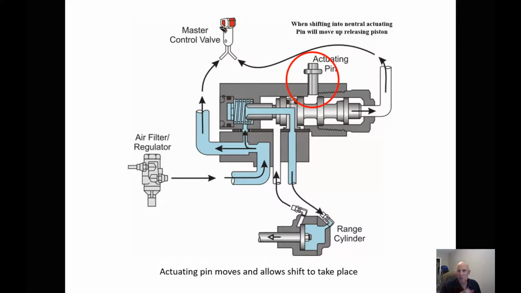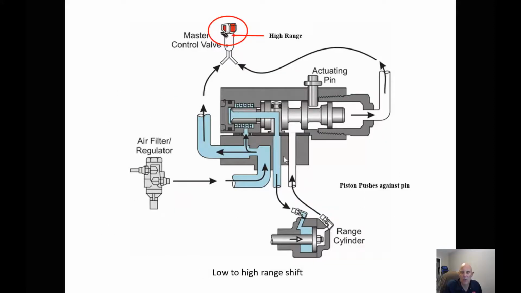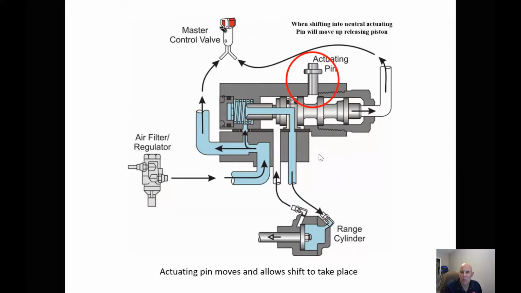So let's just say if we take a look, go back a few slides here, and we're in this position and everything's fine. But now we go into this position and we get air leaking out of the slave valve all the time. Where would be the problem? More than likely the O-ring in here.